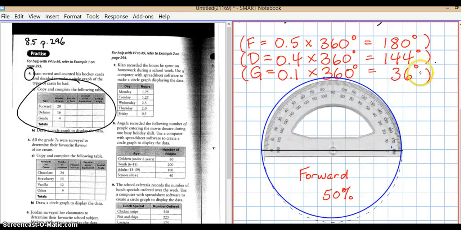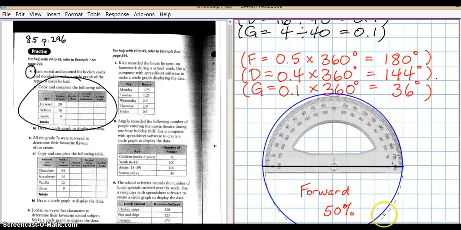Because we only have 2 sections left, we just have to measure one angle, and the other side of that angle is the other section. Now we've determined that the forward section is 50%. So what we need to do is calculate the angle that's 144 degrees, which represents the number of defense cards we have.